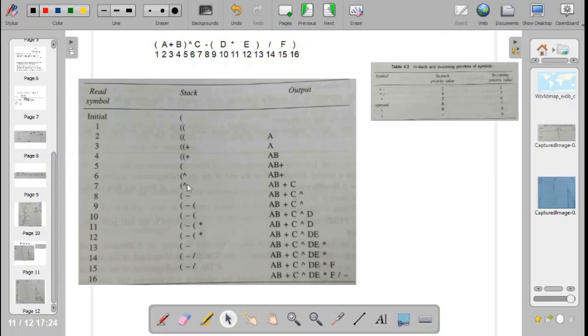Pop it onto the output. That is why, if you look at this, this is the symbol when 8 is read. When 8 is read, you pop out the exponentiation operator onto the output and then you push minus here, right? Like that you can go through the whole output and see how this works. Okay, thank you.